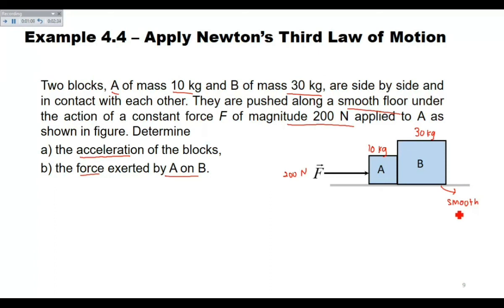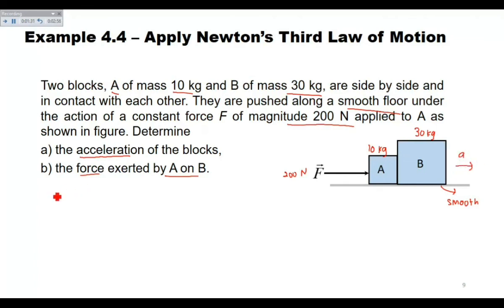Okay, frictional force equals to 0. Alright. So kalau kita tengok gambar ni, constant force ni is being applied to the right. So block A and B akan move to the right juga.